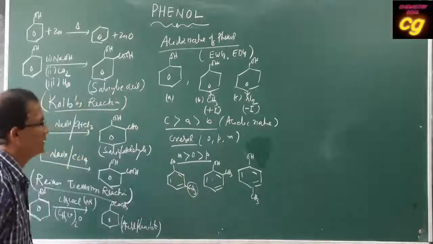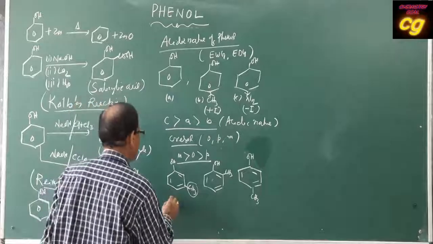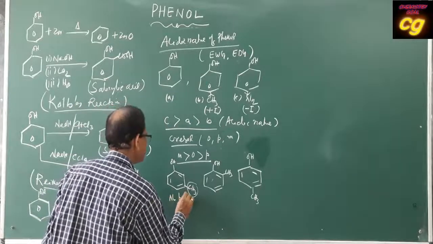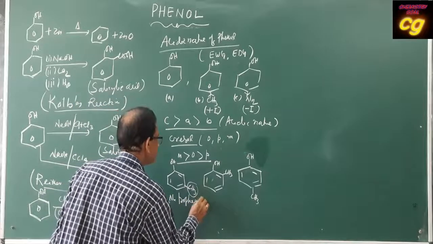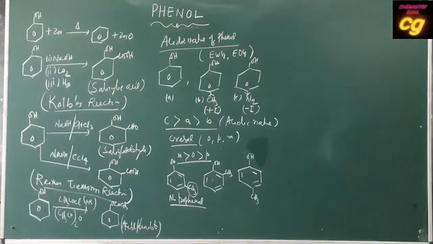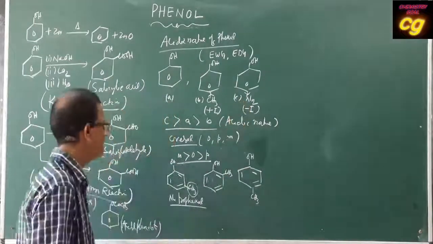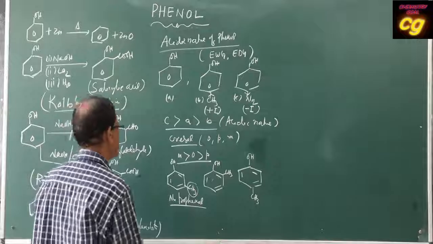Okay. Then if you write the nitro derivative, that is nitrophenol, you know that the nitro group generally increases acidic character, ortho, para nitro.